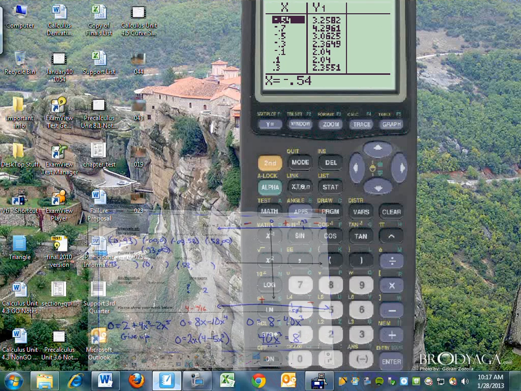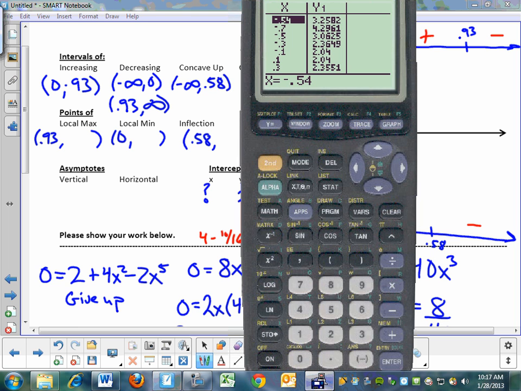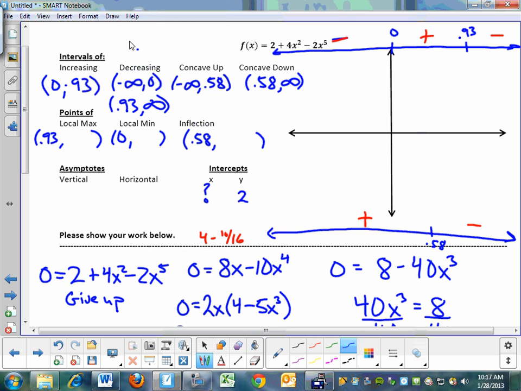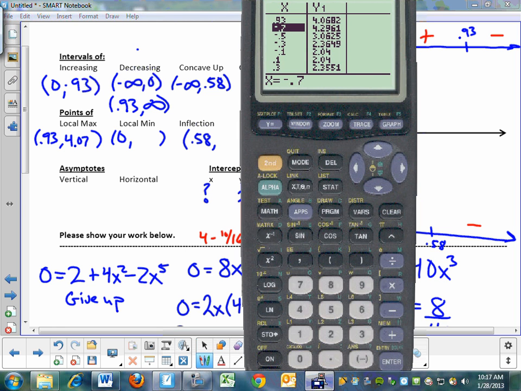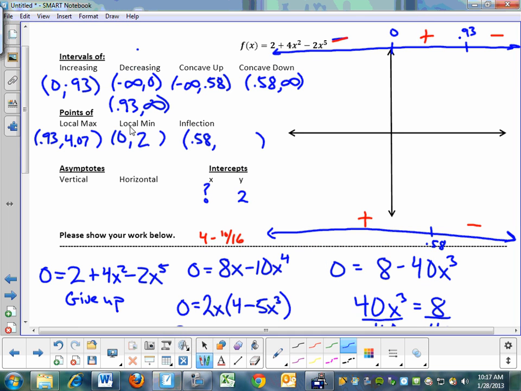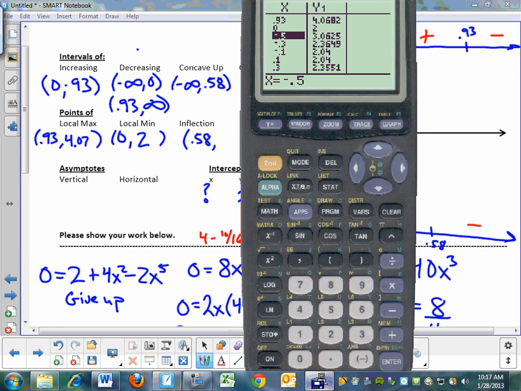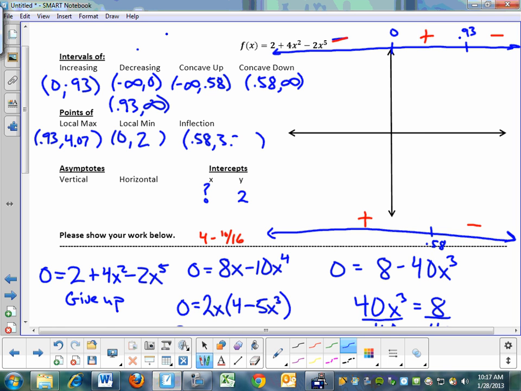If I go to my table, I'm going to plug in 0.93. I get 4.07. Plug in 0. And we get 2. We knew that. Plug in 0.58. And we get 3.21. So that's what I have.